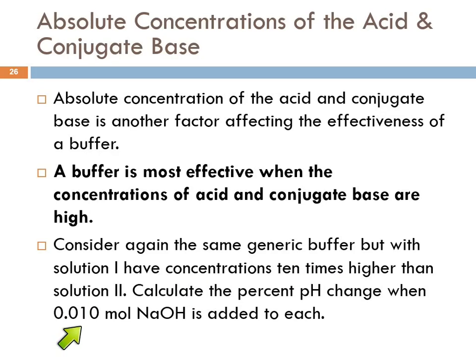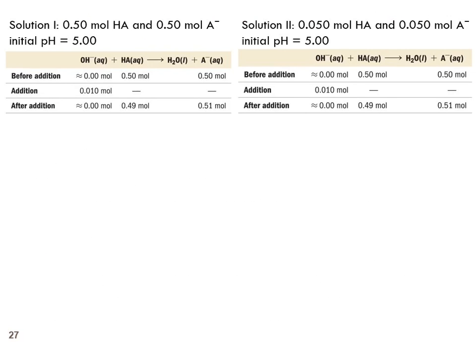And we're going to look at the same amount of sodium hydroxide being added. So this is the same imaginary buffer. So here we have 0.5 moles of acid and 0.5 moles of conjugate base. It's equal. And here we also have equal amounts, 0.05 and 0.05. But these concentrations are 10 times larger.